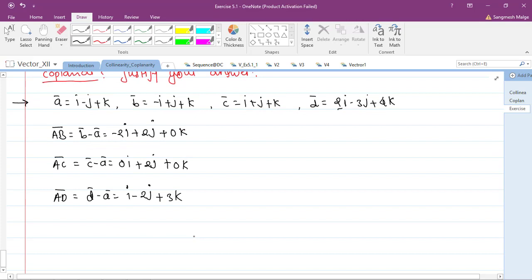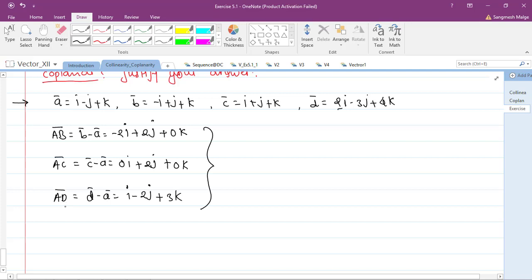Now it is sufficient to verify whether these 3 vectors are coplanar vectors or not. It's obvious: if these 3 vectors are coplanar, then the 4 points are coplanar. What is the condition for coplanarity? One vector should be the linear combination of the other two vectors.